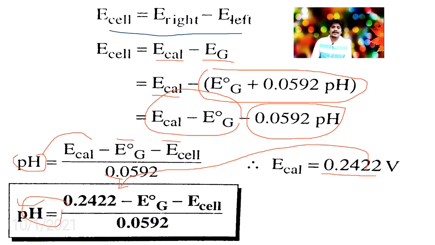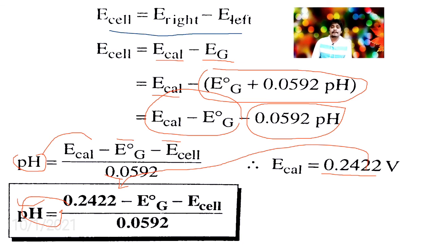So this is how, making use of the glass electrode and the quinhydron electrode, we can determine the pH of the solution, with the saturated calomel electrode as the reference electrode, and the quinhydron and glass electrodes as the indicator electrodes.